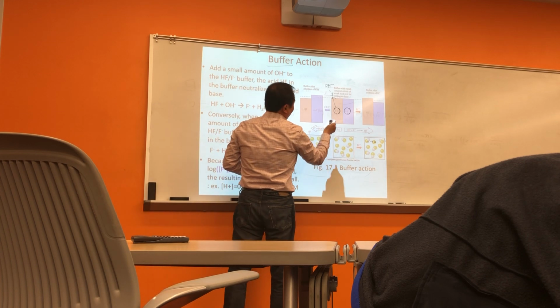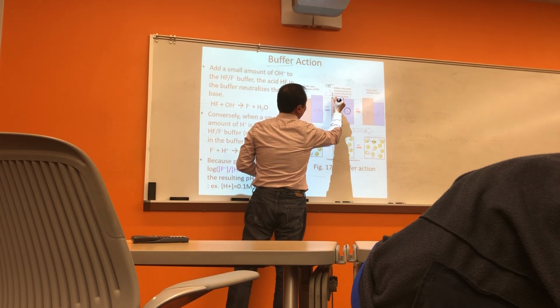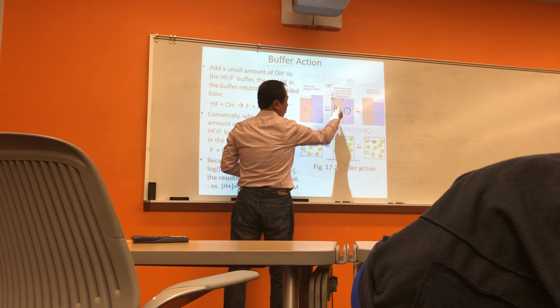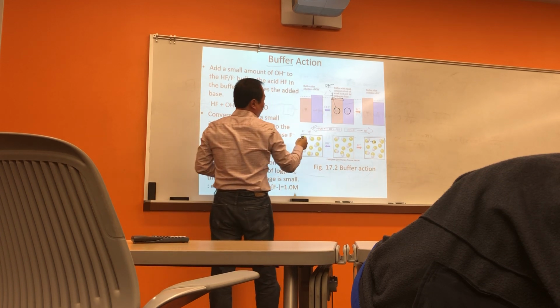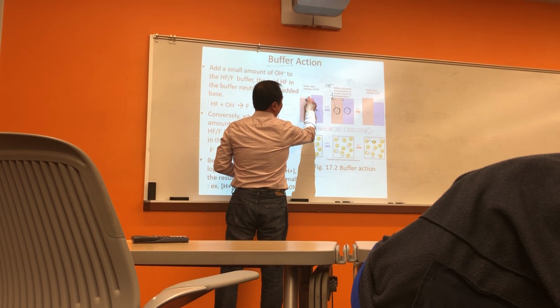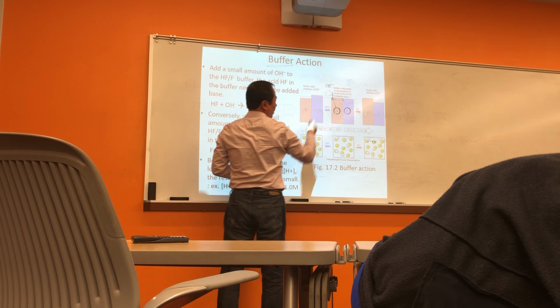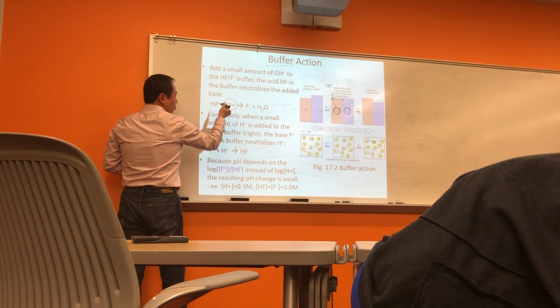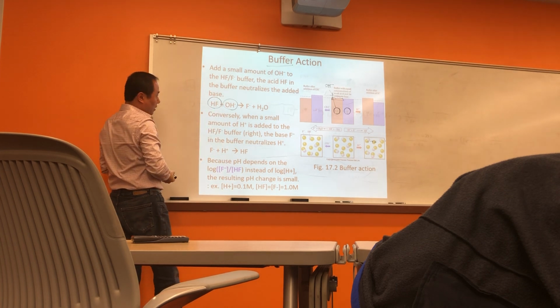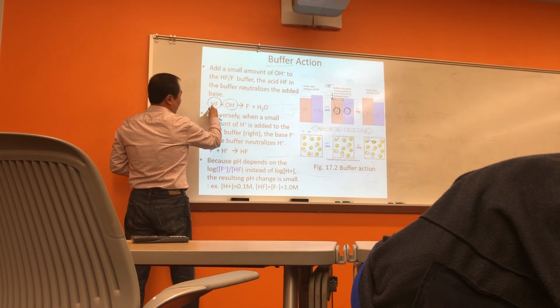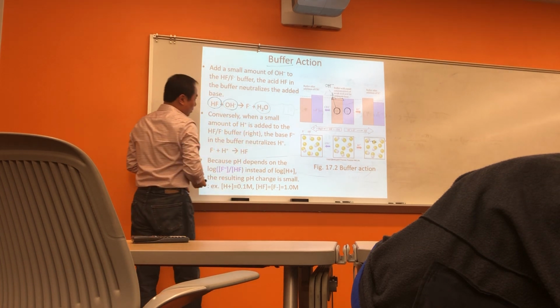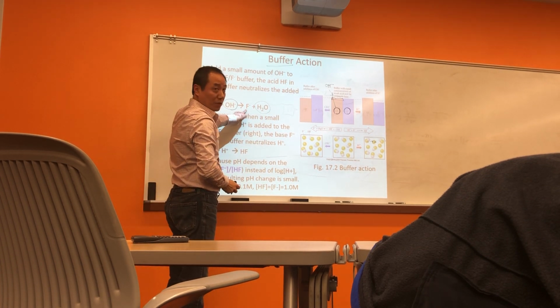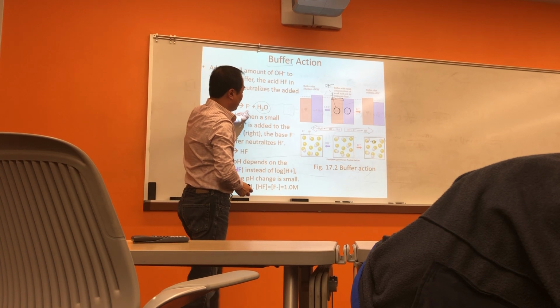So let's say we add this amount of base to the human body, then we use up that amount of acid to neutralize it. The incoming base is neutralized by acid: the acid gives a proton to the base, makes water, and we produce conjugate base.